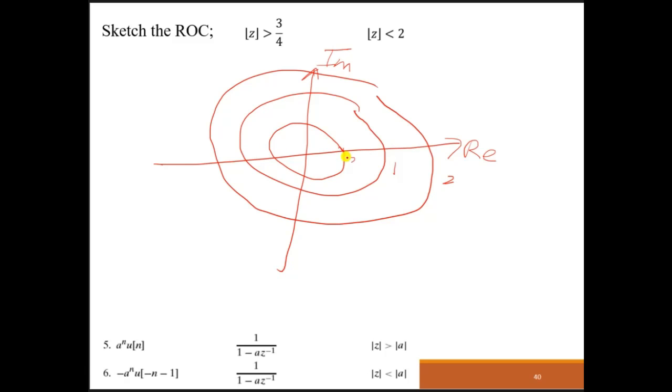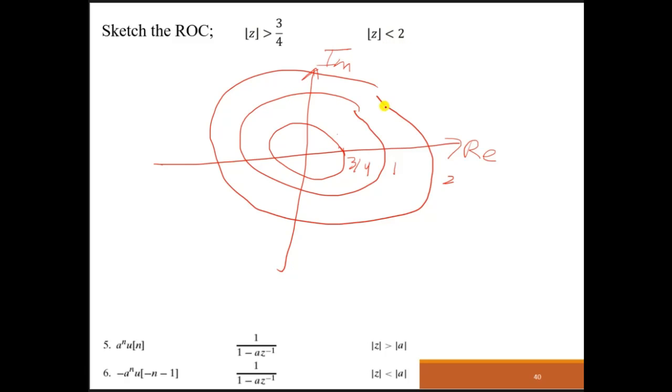Okay, so 3/4. You don't have to worry too much about the positive and negative earlier, because you are going to draw the annular region, for the ROC. For poles, you must mark the X on the left or right side. And here it is bigger than 3/4 but smaller than 2.